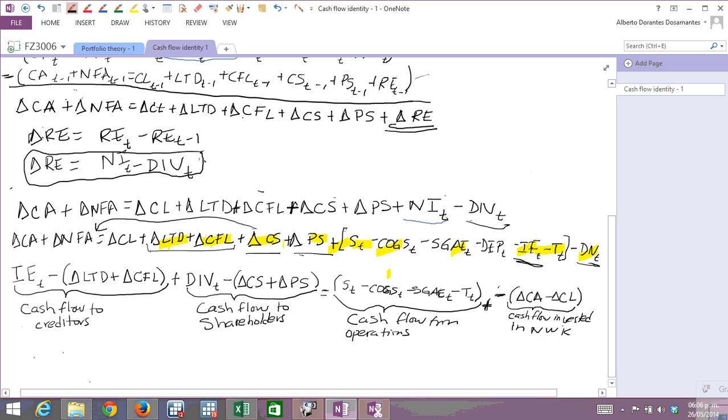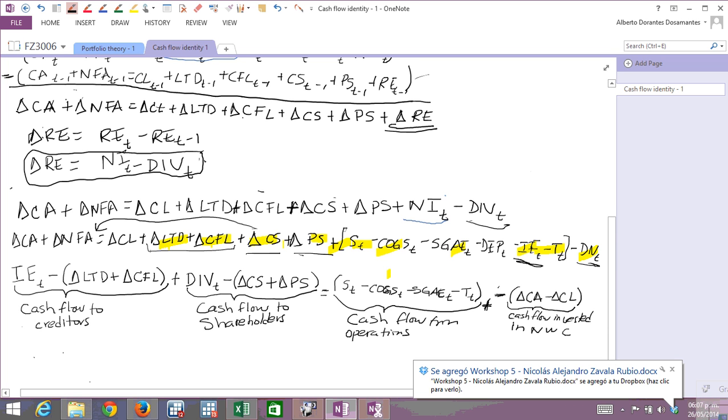Okay, this is cash flow invested in net working capital, because it's current assets minus current liabilities. The delta of current asset minus the delta of current liability is basically how much money the company invested in net working capital from one period to the next one.